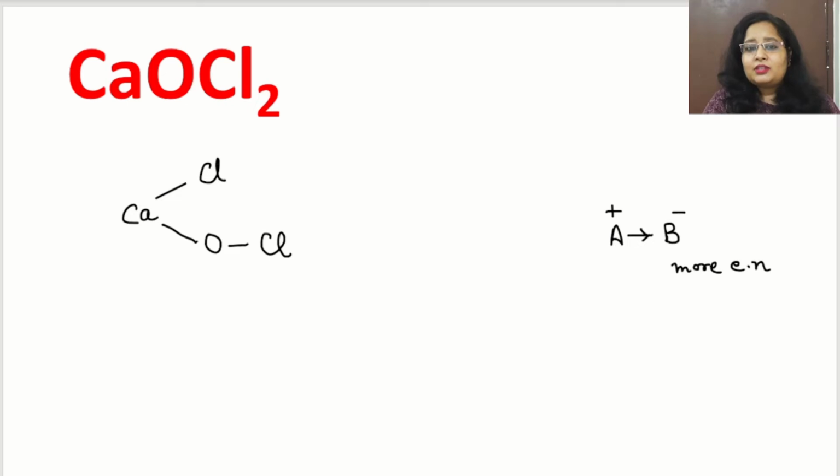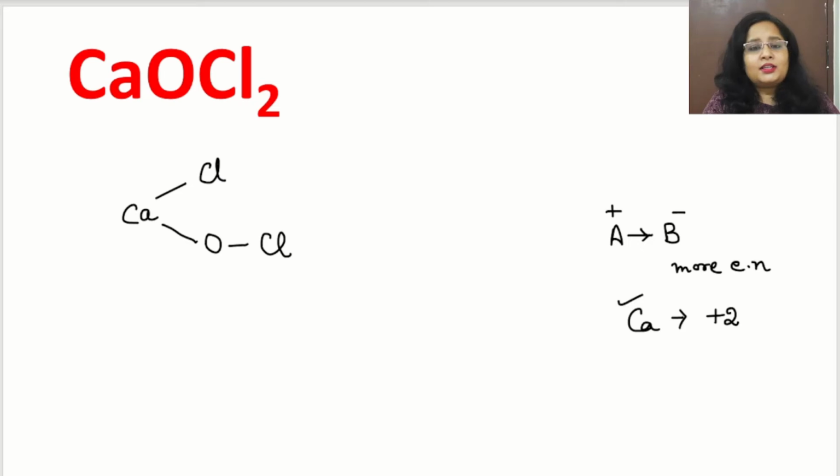Now the second point is we need to know which is more electronegative. So if we are going through the calcium and chlorine bond, we should understand that calcium is always having +2 charge, +2 oxidation state, because calcium is an alkaline earth metal and its charge is fixed.